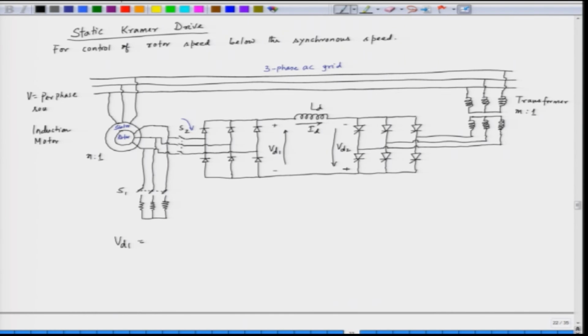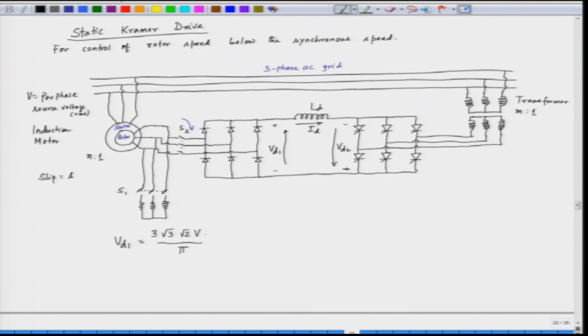If V is the per phase source voltage RMS, the peak voltage is root 2 V, that is the phase voltage, the line voltage is into root 3, and we have to multiply with 3 Vm by pi, and since the rotor is running at a speed omega s, the slip here is equal to s.